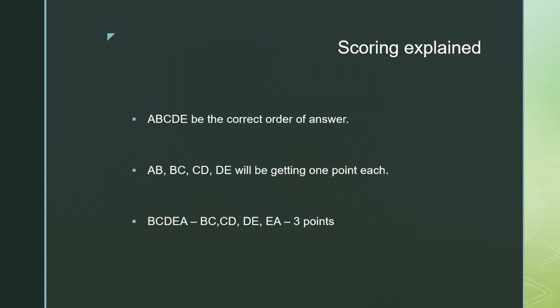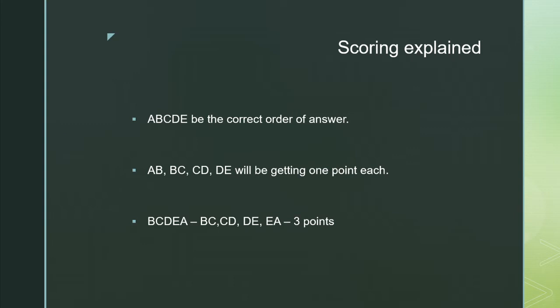If your answer contains the pair AB, that is A followed by B, then you will get 1 point. Similarly, if your answer contains the pair BC, such that B is followed by C, you can get 1 point for that also.